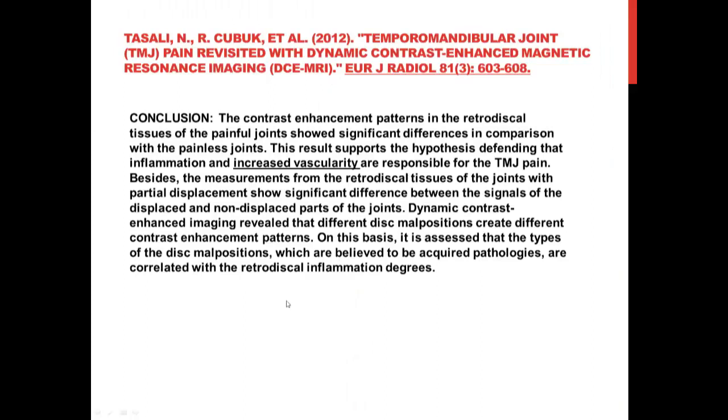In Tasali's articles, he talks about the dynamics of joint pathology. One of the things pointed out here is that not only are we dealing with different inflammatory issues of the tissue behind the joint, the retrodiscal tissue, as it's called, but we're also dealing with different positional deformations of the disc as described over here.